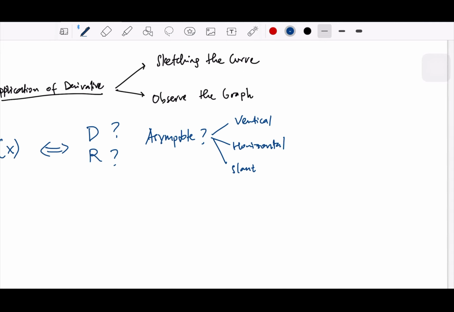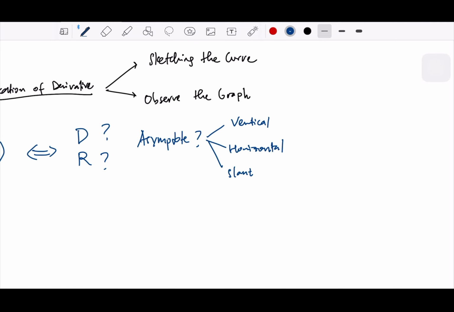The vertical asymptote we are going to check using the limit. If we have some a, and when we deal with the limit, we will have infinity or negative infinity.